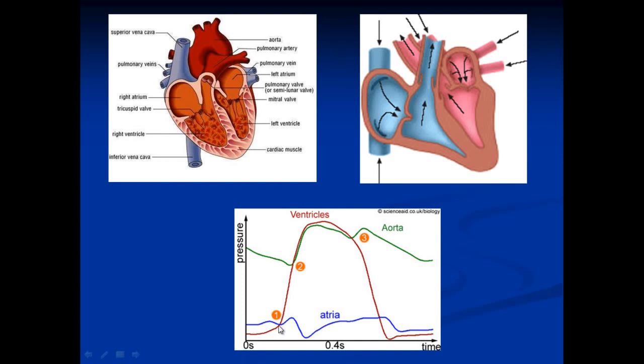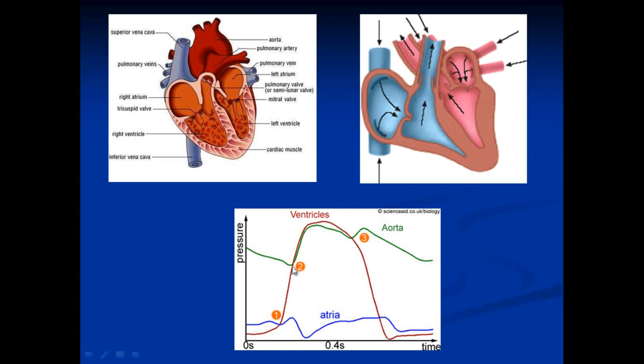When these lines cross over, the ventricular pressure becomes higher than the atrial pressure, and therefore these valves will shut. So at this point here, the pressure is higher in the ventricles than in the atria, and therefore that valve will shut.